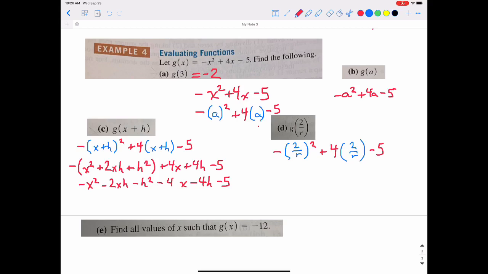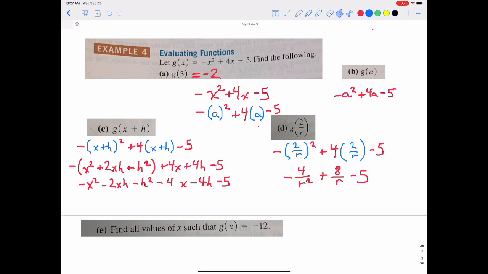And 2 over r squared is going to be 4 over r squared, still negative. That negative is not affected by the exponent. Plus 4 times 2 over r, that's going to be 8 over r minus 5. And I'm good enough to leave it like that, already simplified.